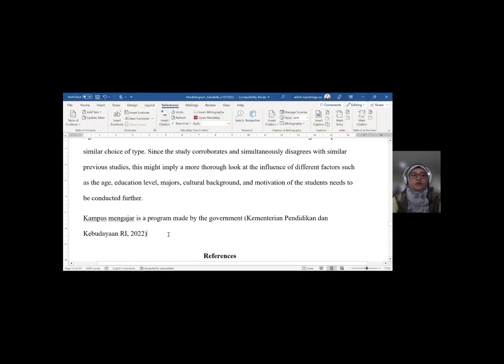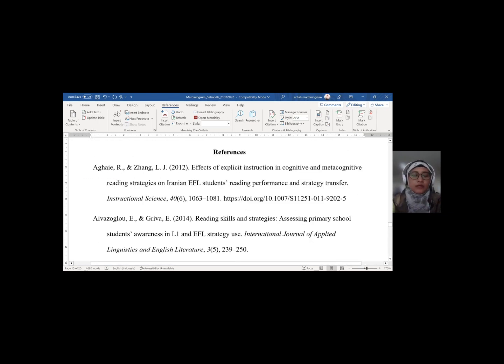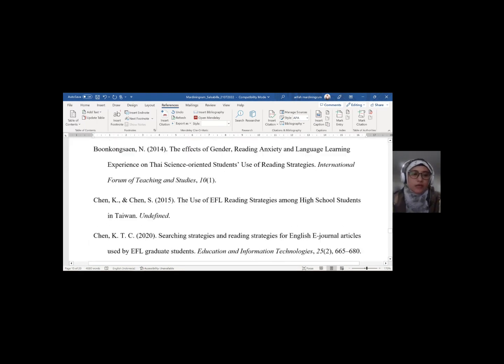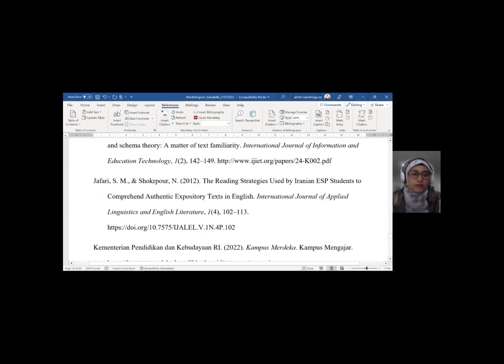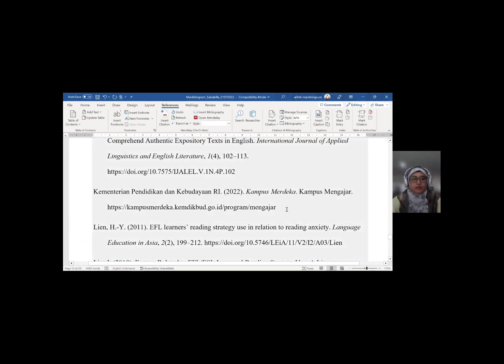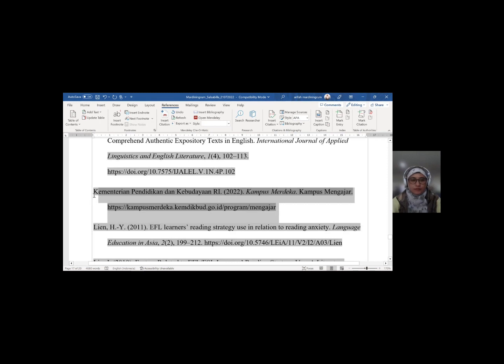Ah, so you can see, you got the right author. The author is going to be Kementerian Pendidikan dan Kebudayaan. What's going to happen in the reference list? It will be automatically updated. Where is it? See, it's already there. I don't need to do anything. It's already updated. And that's why you need to use Mendeley.